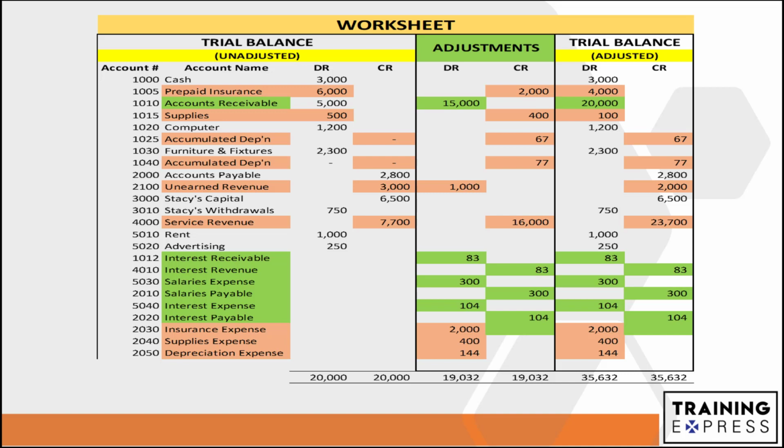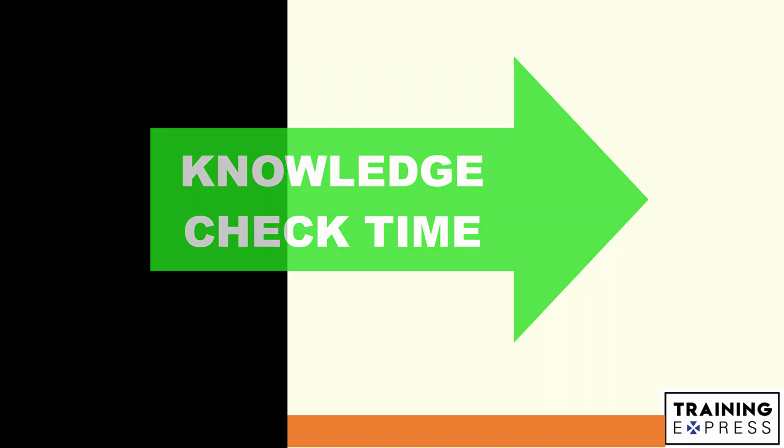Initially we had an unadjusted trial balance. Then we made various adjustments and based upon those adjustments, we finally prepared our adjusted trial balance.